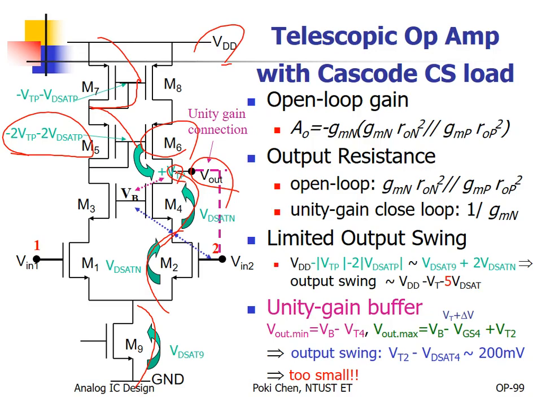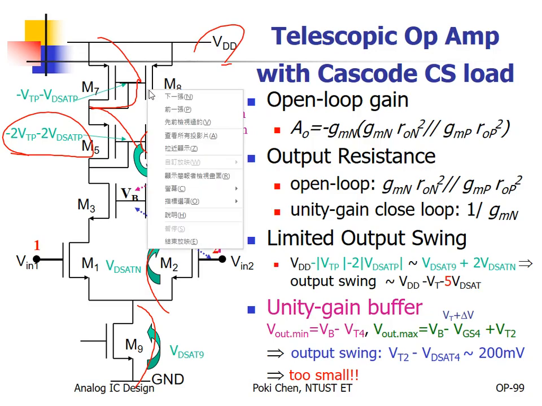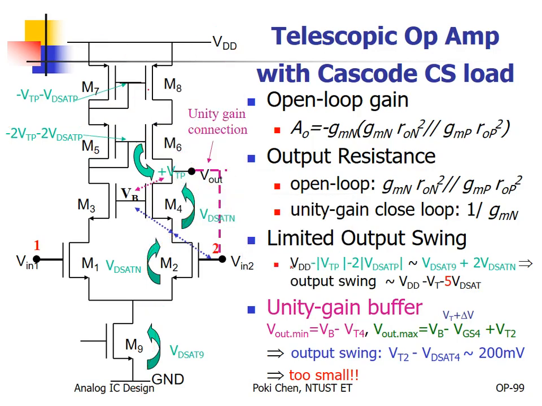You just learn the power of estimation. Then you will roughly understand how wide your output swing will be. If you're unhappy, you say, hey, it is too small. As you like. You can see VDD minus 1 VT minus 2 delta V. That is what I told you for the maximum output.